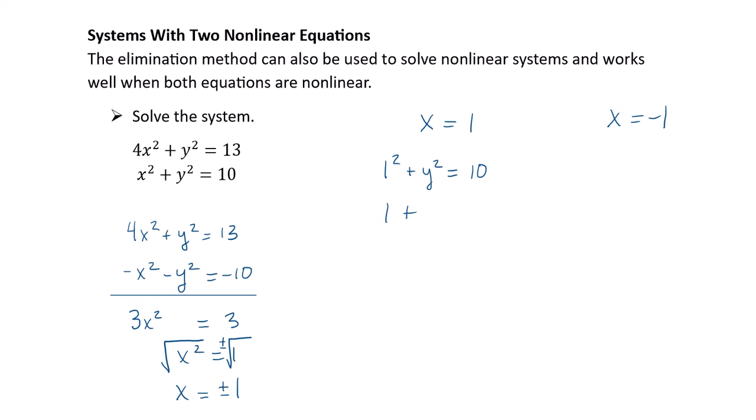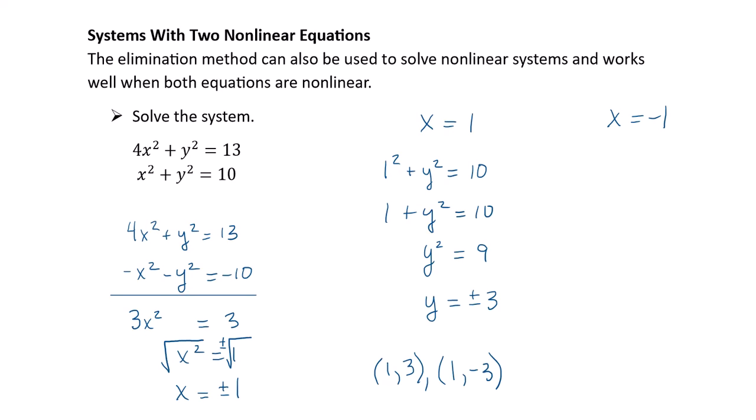So that's 1 plus y squared equals 10. y squared equals 9. And y equals plus or minus 3. So this means that when x is 1, I get 3. But also, when x is 1, I get a negative 3. So I get two solutions just out of that one x value.